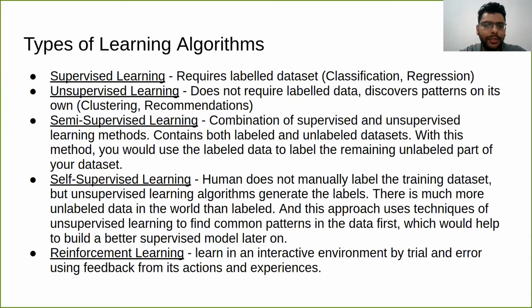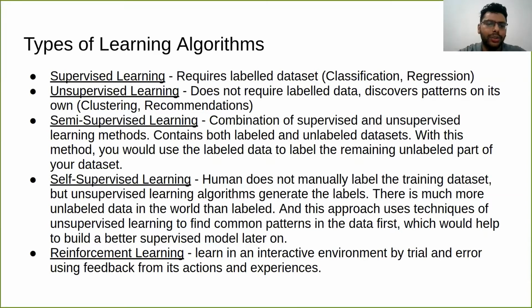Then we have unsupervised learning. Just the opposite of supervised learning, where we do not have any labeled data set. How this algorithm works is we provide a bunch of data to the model, and then it tries to discover some patterns within those data.